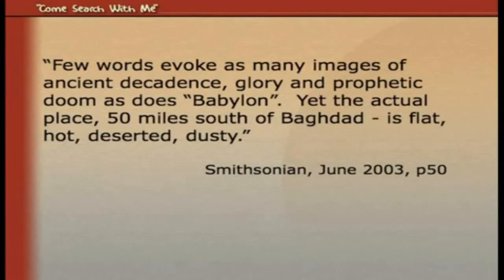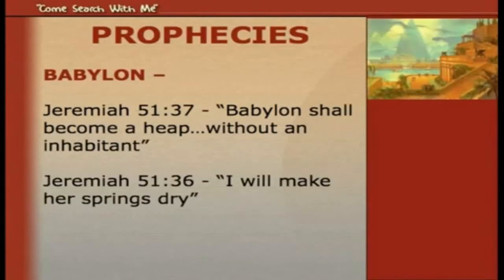The Smithsonian, June 2003, page 50 says, "Few words evoke as many images of ancient decadence, glory, and prophetic doom as does Babylon. Yet the actual place, 50 miles south of Baghdad, is flat, hot," what's the next word? "Deserted." You go back to the statement of Jeremiah, it shall become a heap without an inhabitant. 2,500 years have passed, and it is still without an inhabitant.